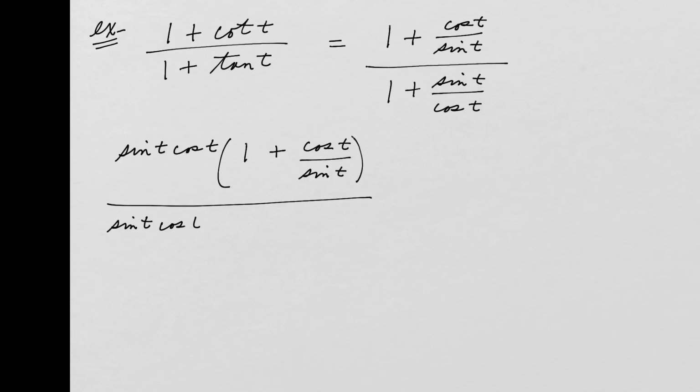The reason I can do that is that I'm really just multiplying by a factor of 1, so I'm not changing anything. I'm just rewriting the expression. If I distribute this in, sine of t cosine of t times 1 is just sine of t cosine of t.